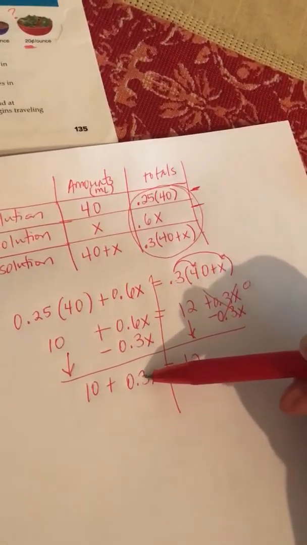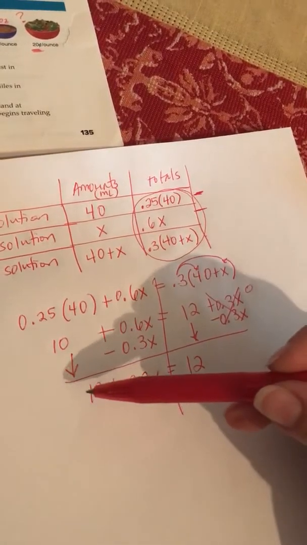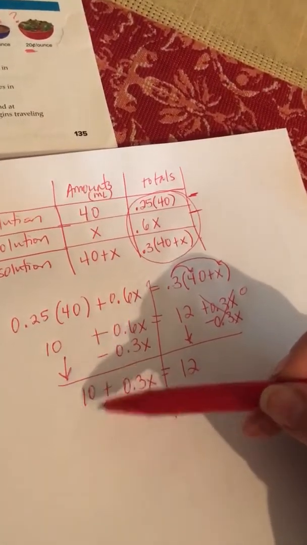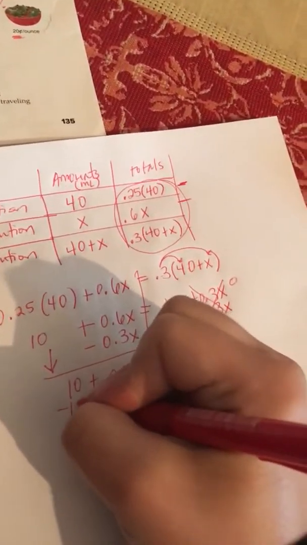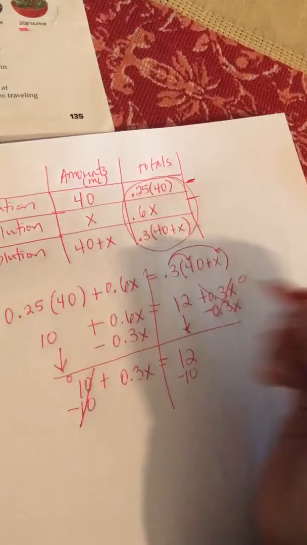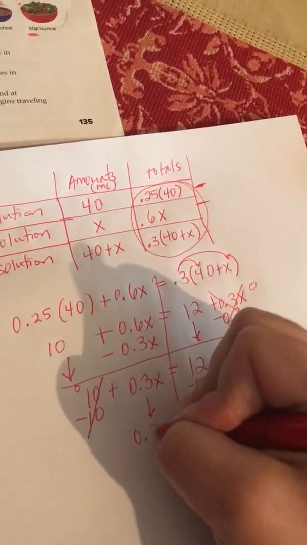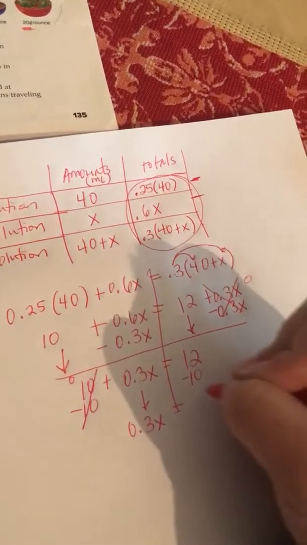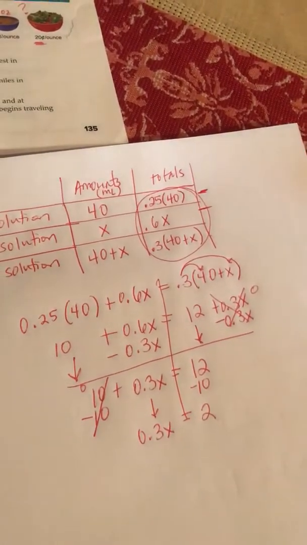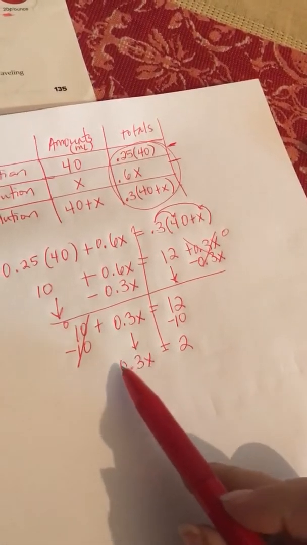Okay, so now I have all the variables on the left, but I want the constants on the opposite side. So I'm going to move this 10 so that it's with the 12. It's a positive 10, so to move it across an equal sign, I would subtract it. And over here it's equal to 0 now. I still have 0.3x. And when I subtract 12 and 10, I get 2. At this step, I'm left with multiplication here.